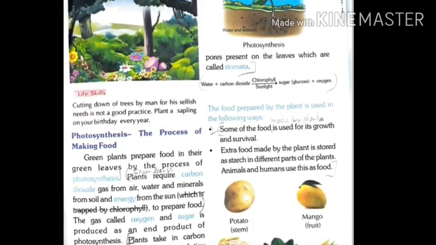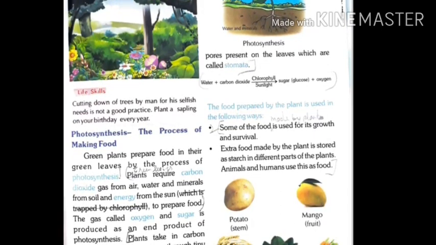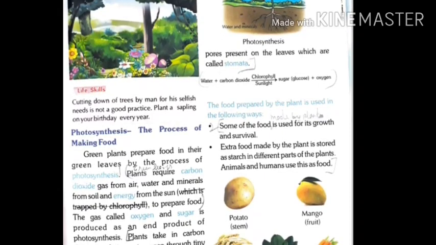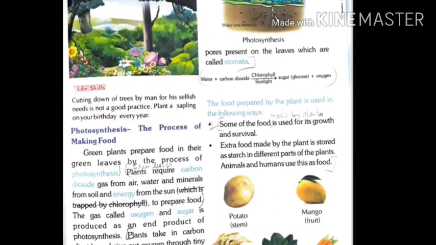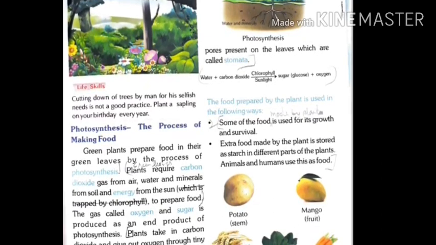Means after the process of photosynthesis, what do we get? We get a gas that is called oxygen. All of you know oxygen is necessary for living, and sugar is also produced as an end product.